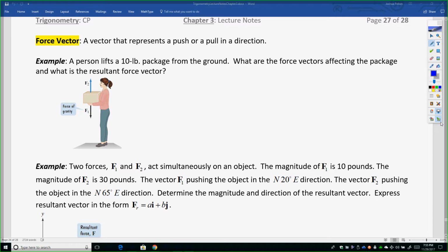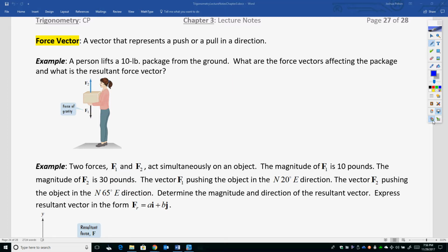The vector going up and the vector going down are of the same length, because you are pushing up with the same force that gravity is pushing down, so the sum is 0. Therefore you get the 0 vector as a result. The vector here is in fact going to be 0i plus 0j, otherwise known as the bold 0 vector.